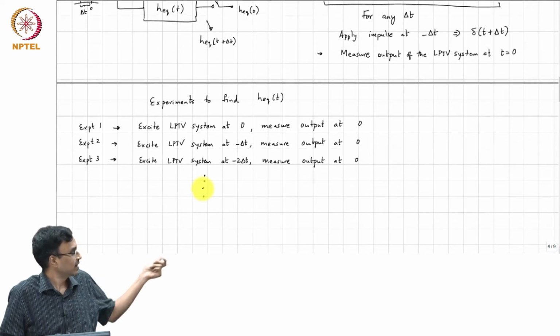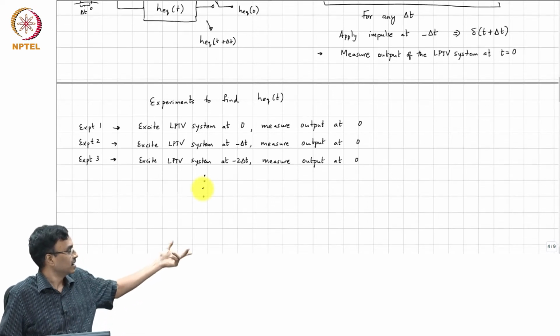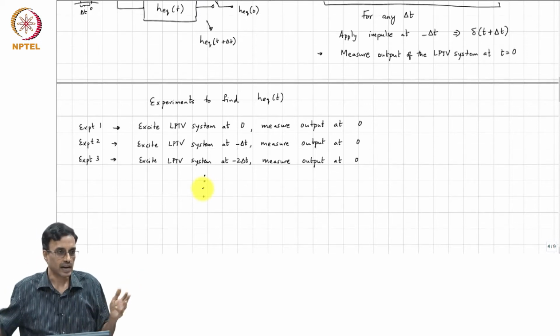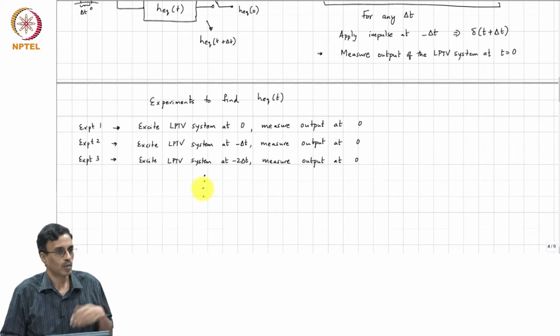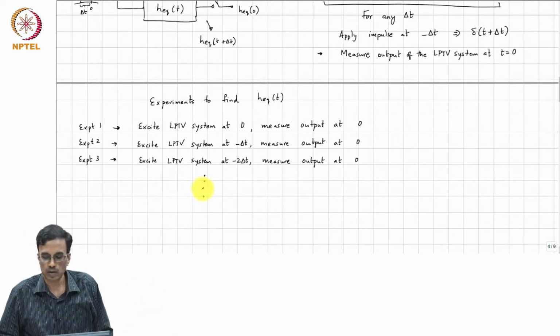As delta t tends to 0, you will be able to get all the values.